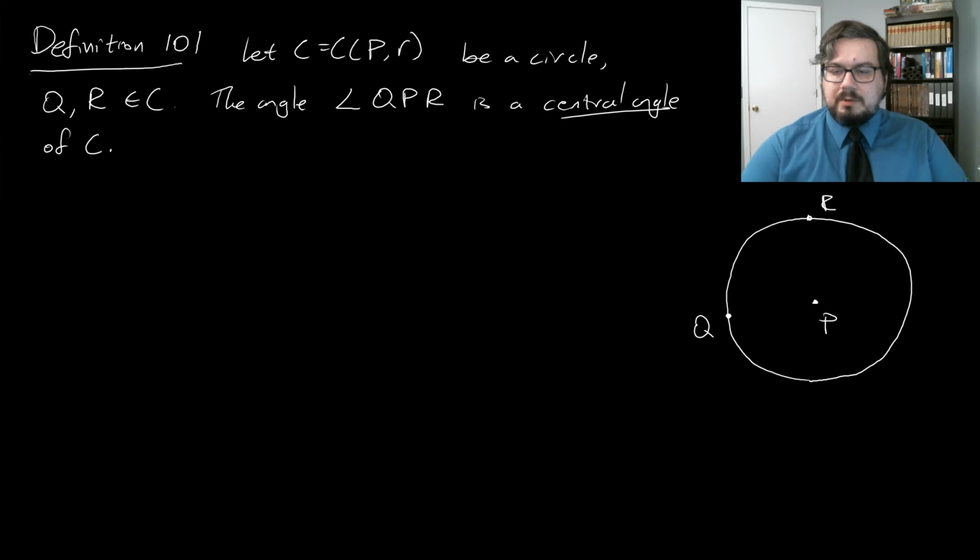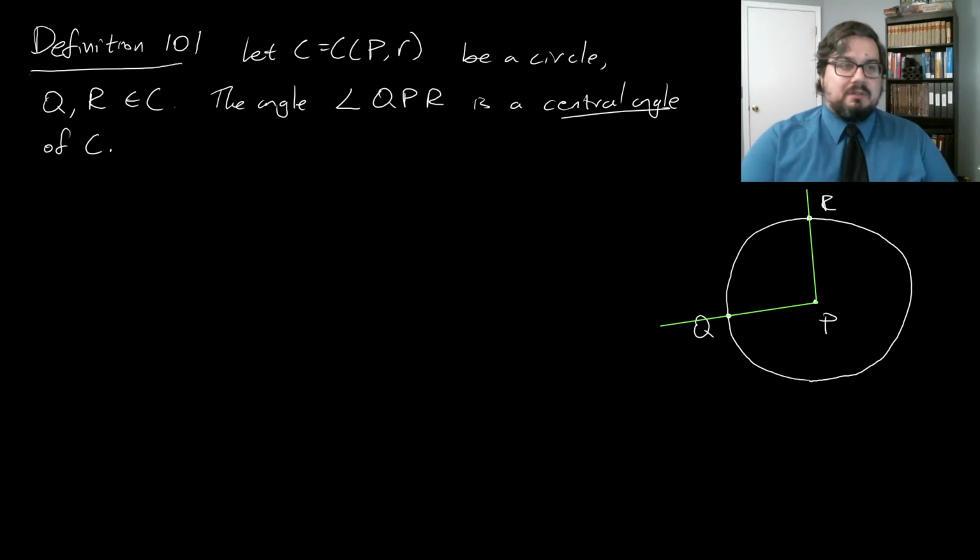We've got Q, we've got R, and then we've got the angle QPR. So it's called a central angle because its vertex is at the center of the circle.